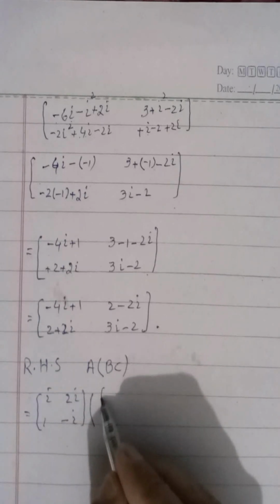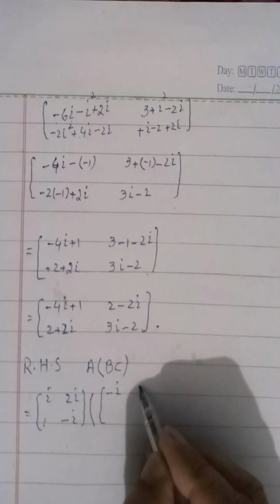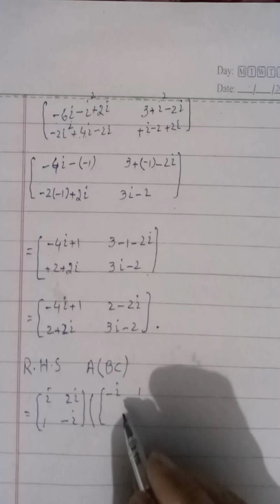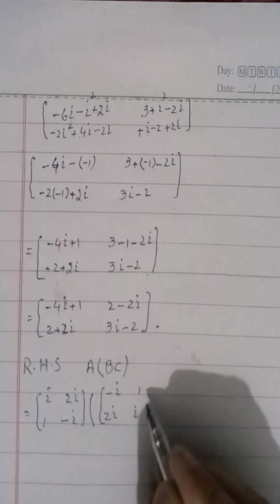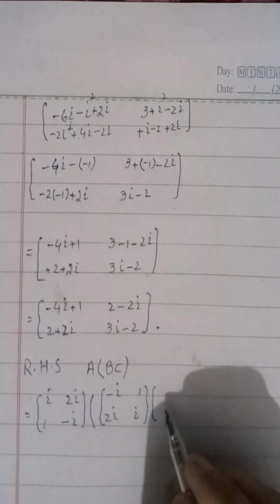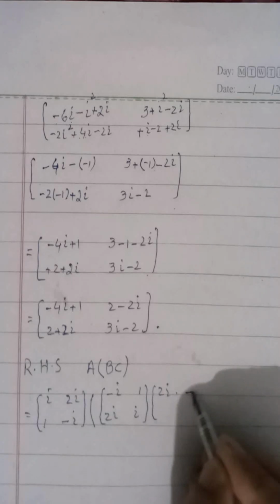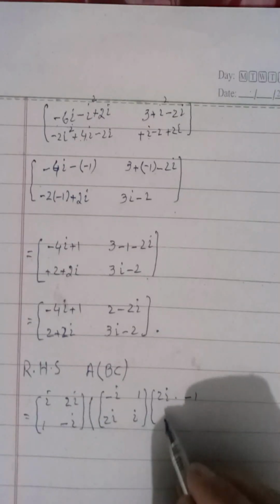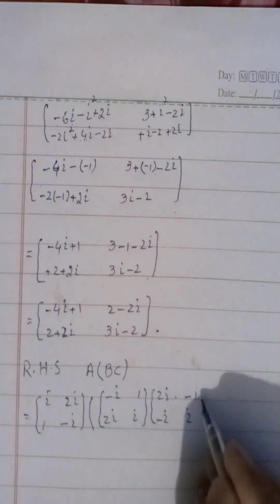Bracket B is minus iota, 1, 2 iota and iota. And the C is 2 iota, minus 1, minus iota and plus iota.